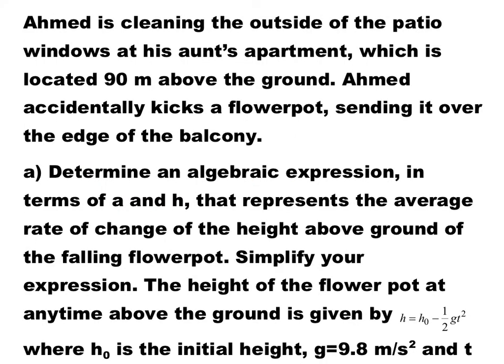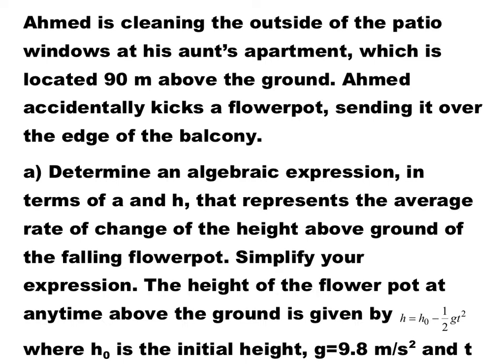Let's do our first example. We have Ahmed, who is cleaning the outside patio windows at his aunt's apartment, which is 90 meters above the ground. He accidentally kicks a flower pot.